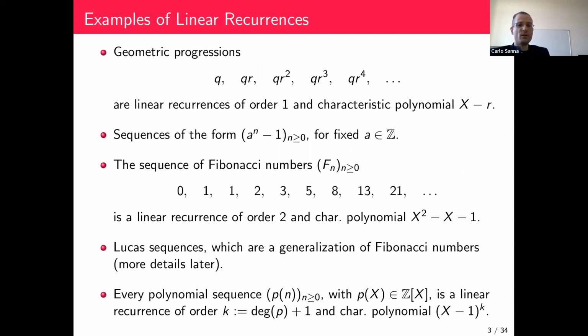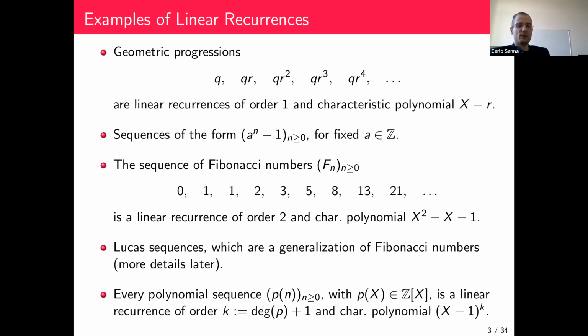Let's see some other examples just to know. Geometric progressions are linear recurrences. Precisely, this geometric progression is a linear recurrence of order 1 and characteristic polynomial x minus the ratio of the geometric progression. Also, sequences of the form a to the n minus 1 for a fixed integer a, it can be proved that they are linear recurrences.